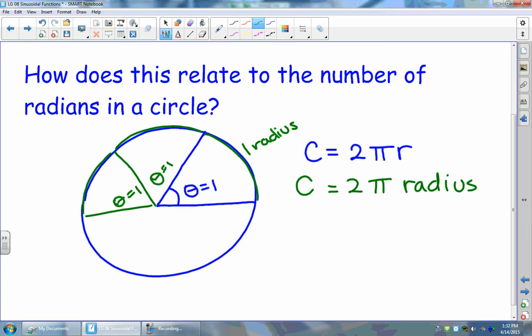So if there's 2 pi radii in a circumference, that's going to be also equal to how many radians we can fit into 360 degrees. So a full circle is 360 degrees, and we can actually fit 2 pi radians in 360 degrees because 2 pi radii fit into the circumference.